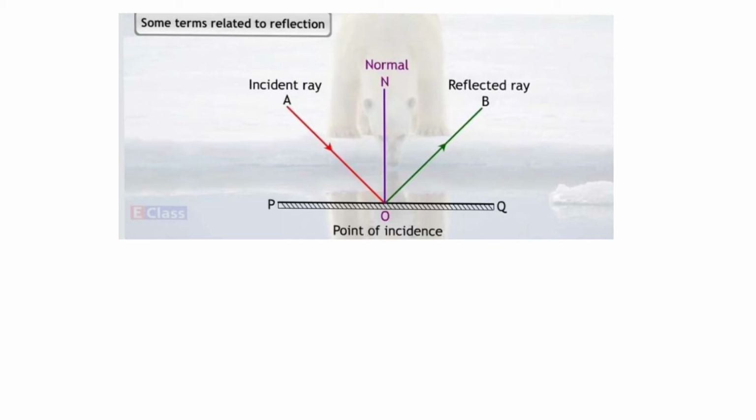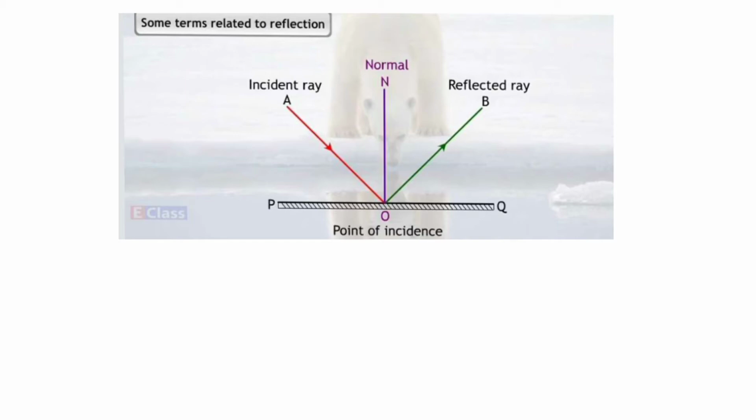ON is perpendicular to PQ. Correct? That means PON and QON are 90 degrees. This or this is 90 degrees.